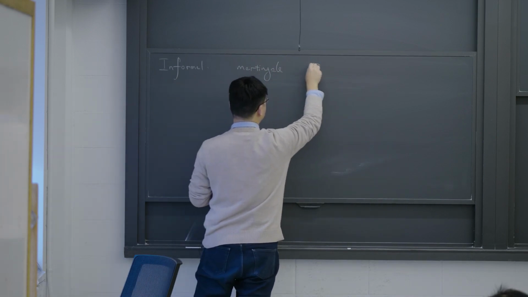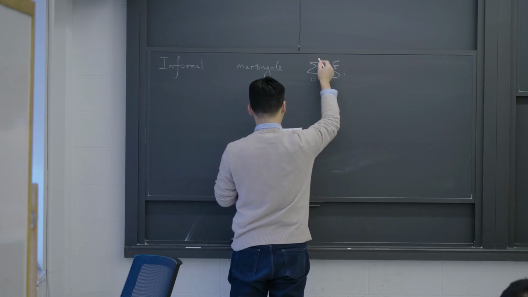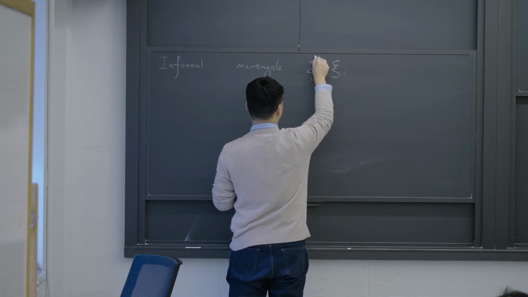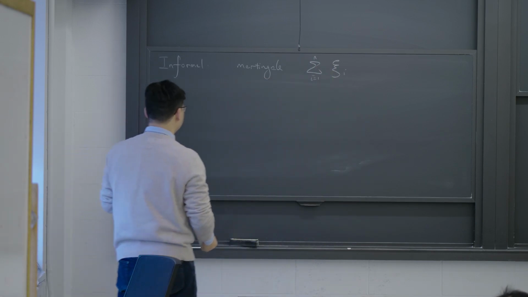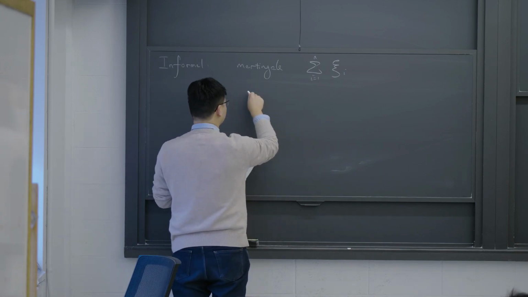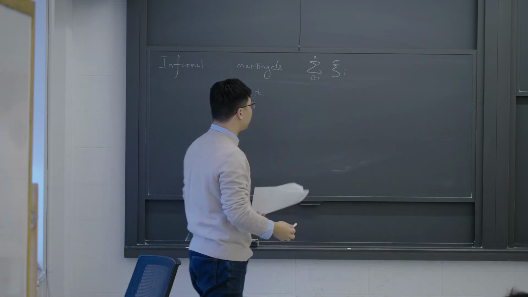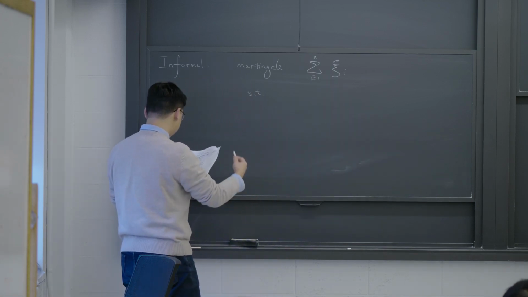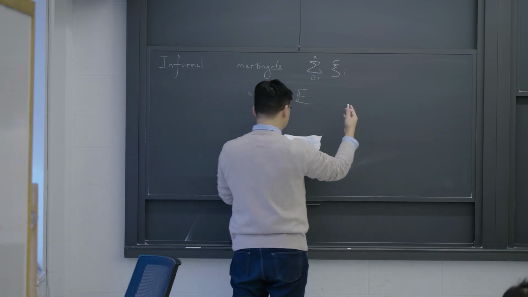Martingale is we look at the summation of some random variables. Let's say we look at Xi I, summation from I to n. It's a Martingale because each Xi I is no longer IID. IID is what we have been working on in the last lecture. But the Martingale difference no longer requires they are independent.